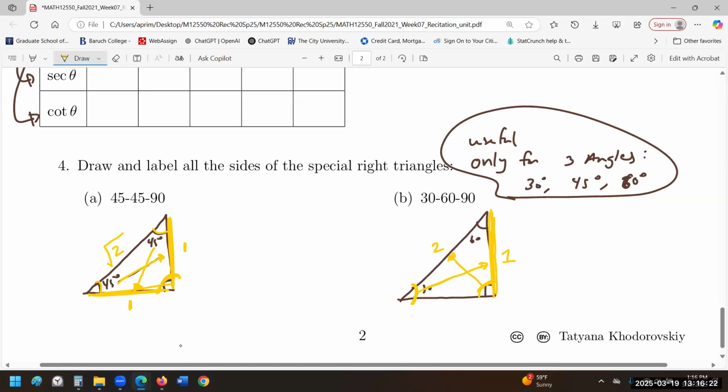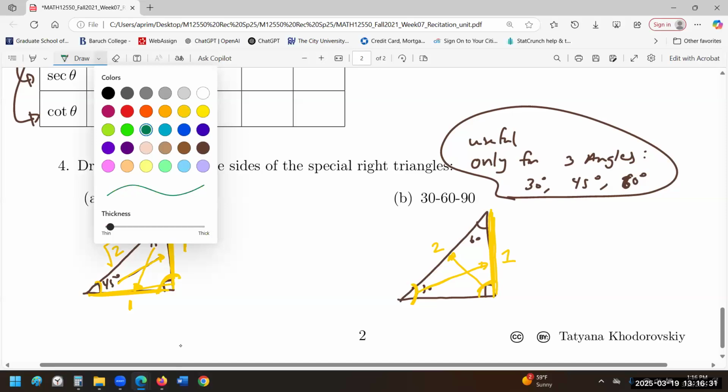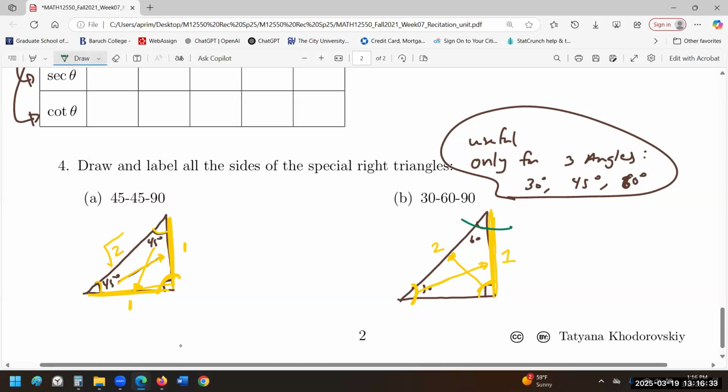Smallest side gets the smallest number, largest side gets the next number. And if you observe, 60 is trapped between 30 and 90 degree, so it's in the middle. In order to find the opposite of 60 degree, you add these two. So 2 plus 1 is 3. And then you trap it inside the square root.